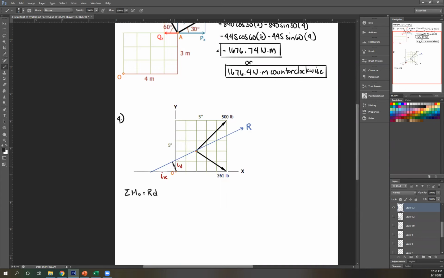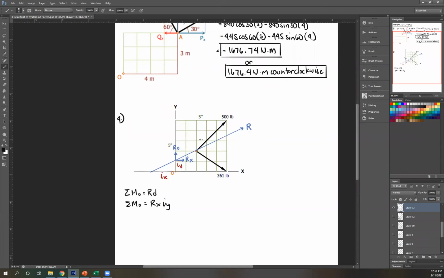And I don't want to solve for that, so instead you're going to use components. Okay? So if I move my component here, this being my RY and RX, as you can see, RY passes through O, so that's ignored. So summation of moment at O is now just Rx, positive since clockwise, times this distance IY.